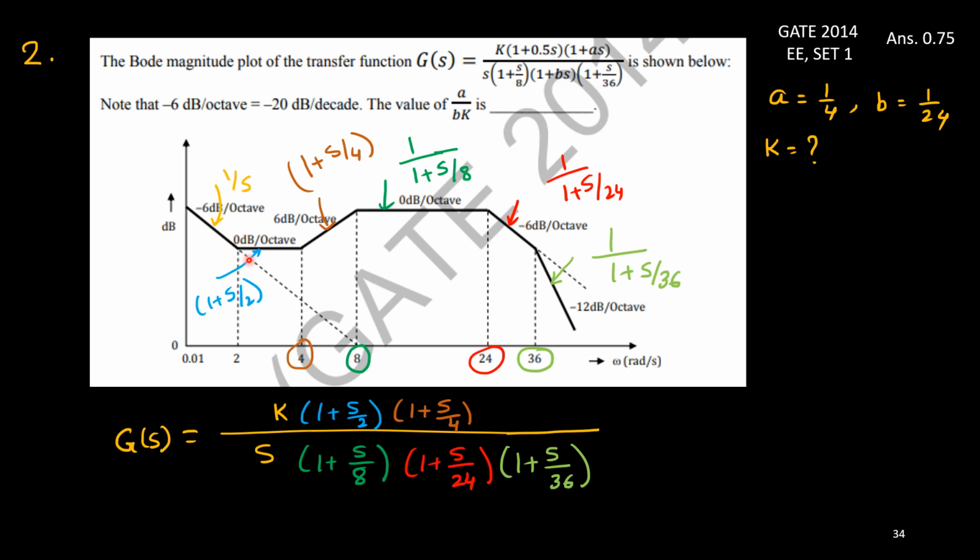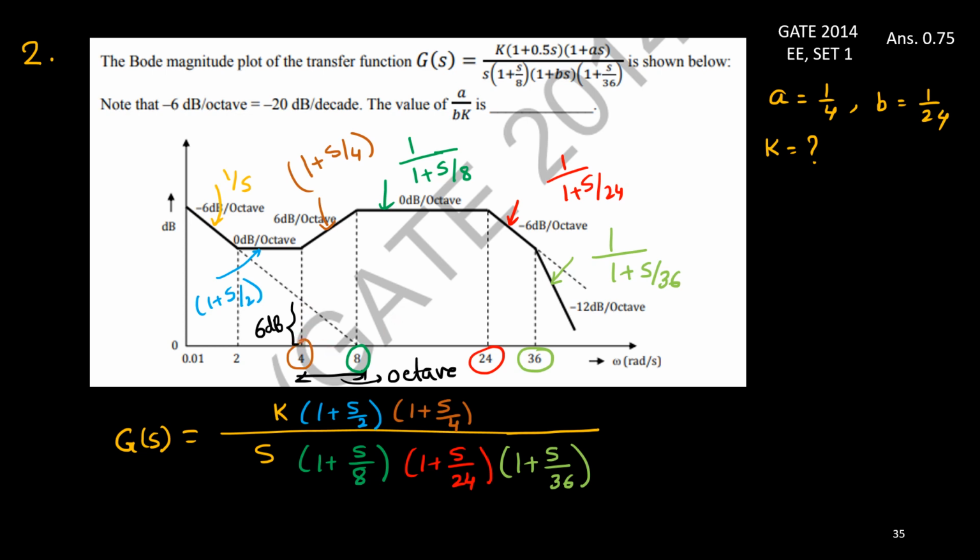So if we start from 8 to 4, this is one octave, because 4 times 2 is 8. In one octave there should be one 6 dB change. So if it is 0 dB, it should be 6 dB at this point, right?